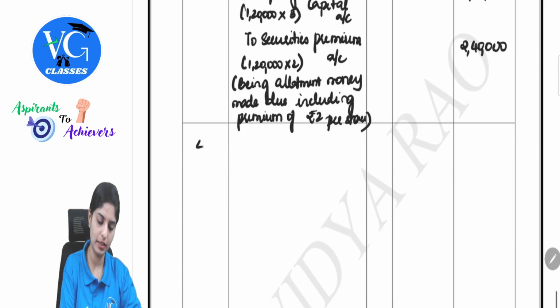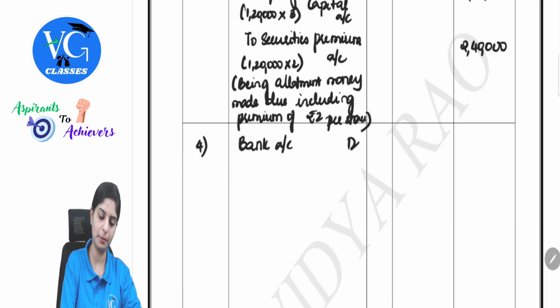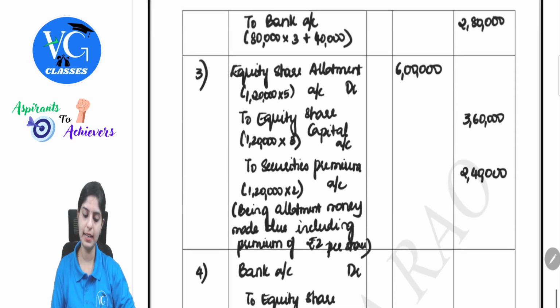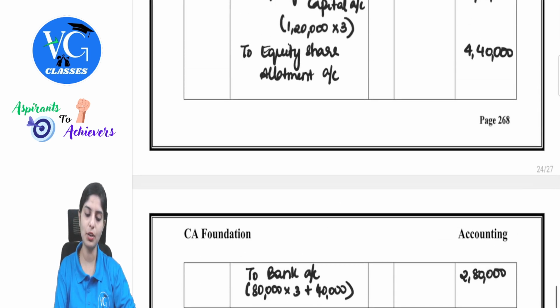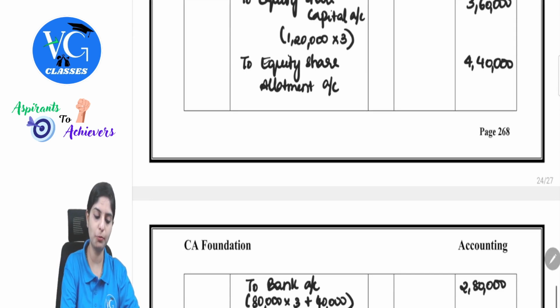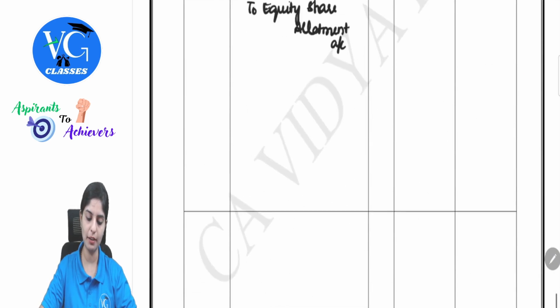Next is receipt of allotment money, bank account debit to equity share allotment account. Now understand this carefully. How much was due? 6 lakh. Out of this 6 lakh, you have already received amount worth 4,40,000. Yes or no? You have already received amount worth 4,40,000.